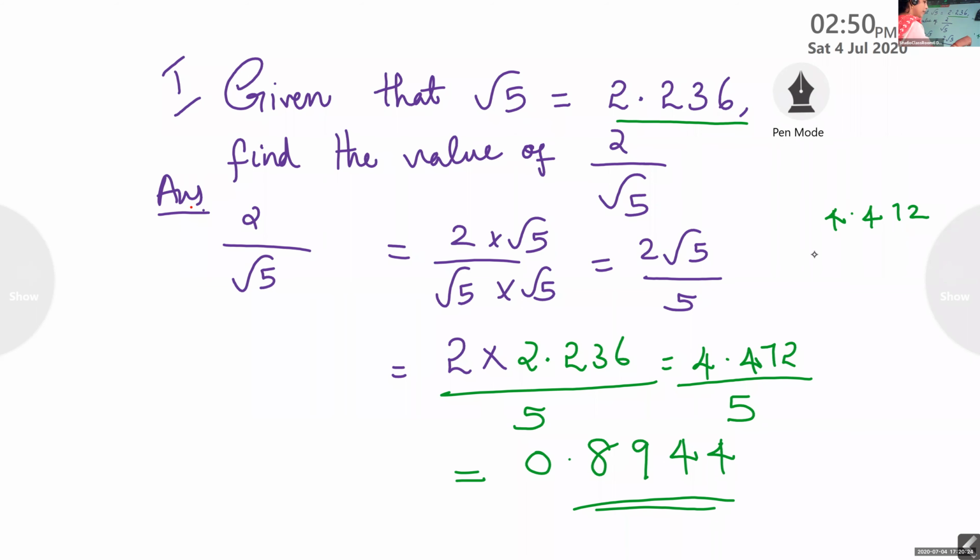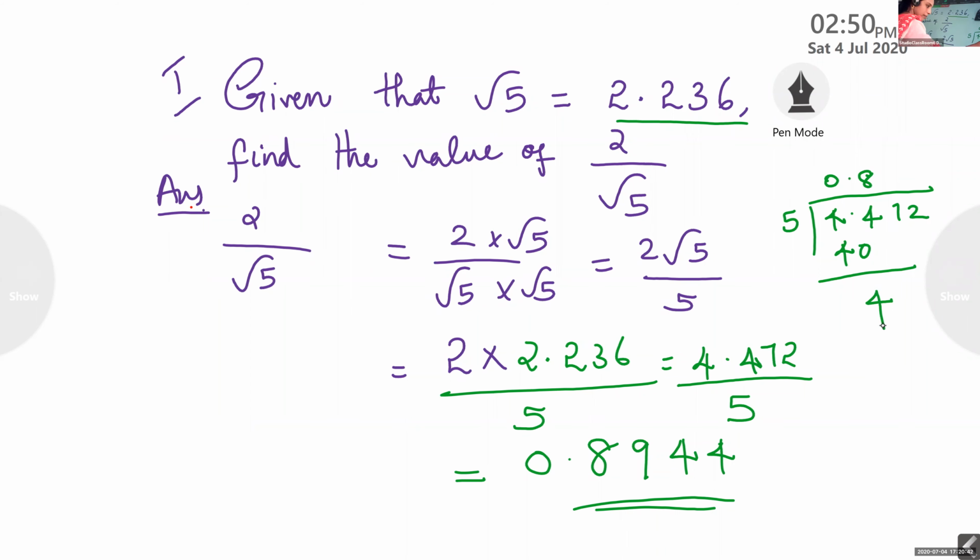4.472 divided by 5. Can you see the board? 5 times 8 is 40.